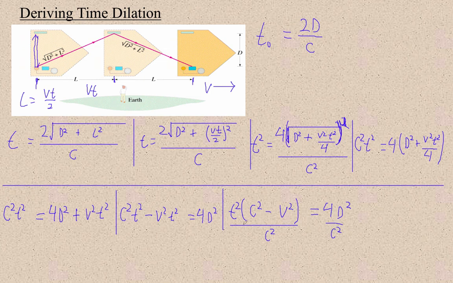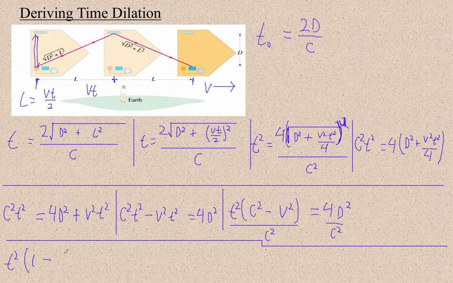All right, so I'm going to rewrite this thing here. So I've got t squared, and that's times, and then c squared over c squared is 1. And then v squared over c squared is v squared over c squared. Ooh, this is looking really good.